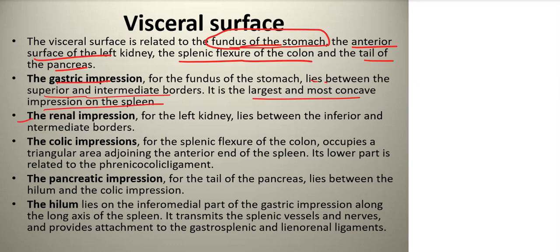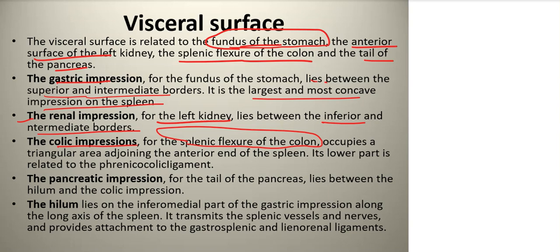Second is renal impression, because of the anterior surface of left kidney. It lies between inferior and intermediate border. Next is colic impression because of splenic flexure of colon. This is important.